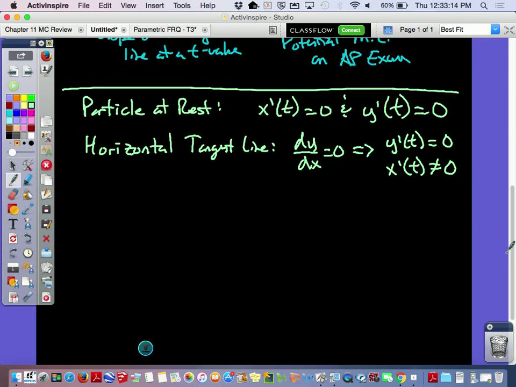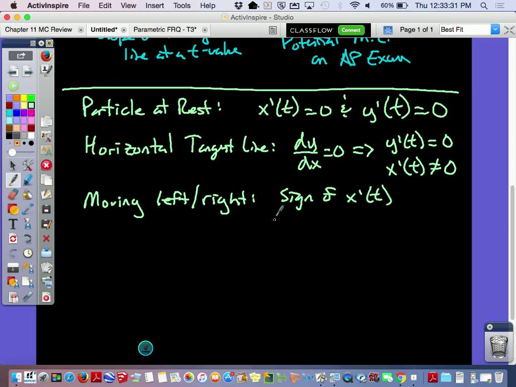Another thing about motion, we could talk about whether the particle is moving left or right. If you want to analyze that, you have to look at the sign of x prime of t. Positive equals moving to the right, negative equals moving to the left.